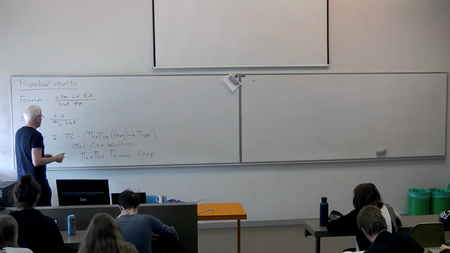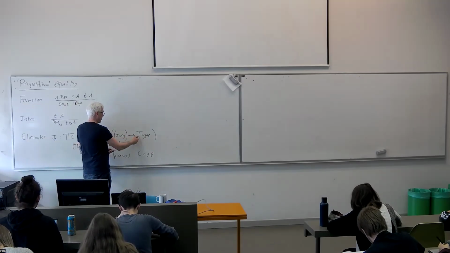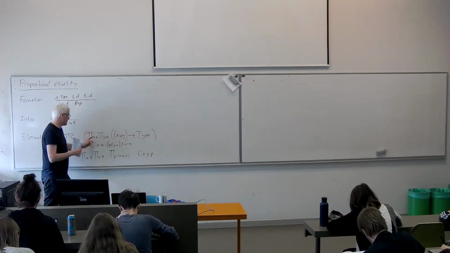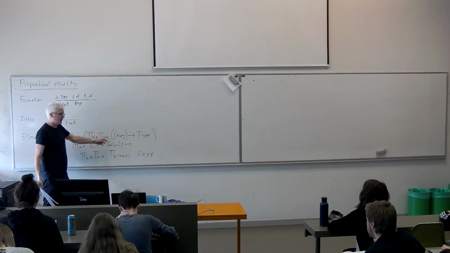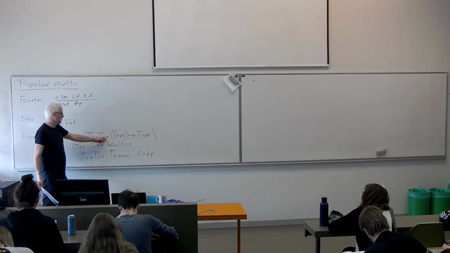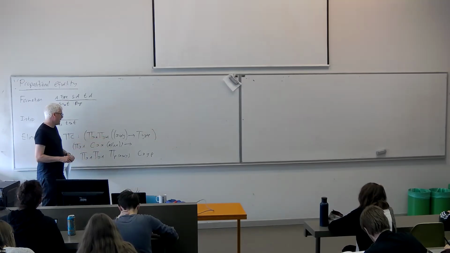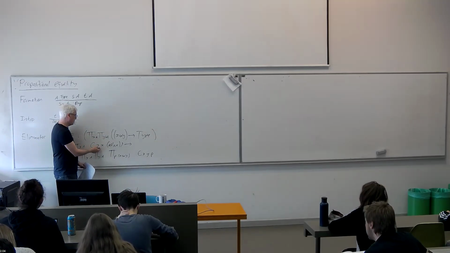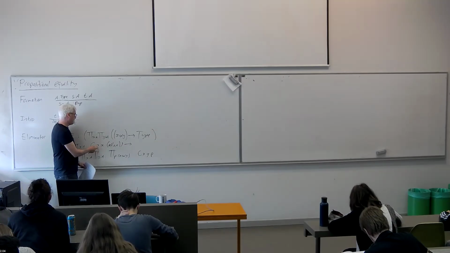So really we view C as a property, as a predicate that contains variables X and Y. And C is true whenever the variables X and Y are the same.